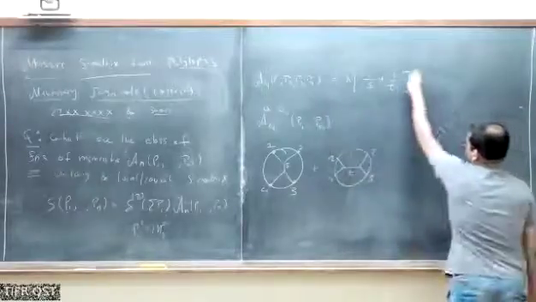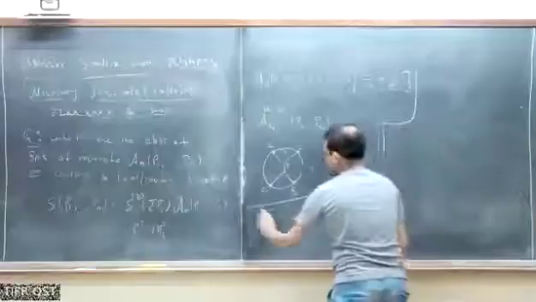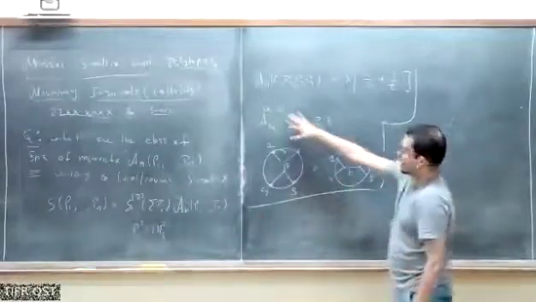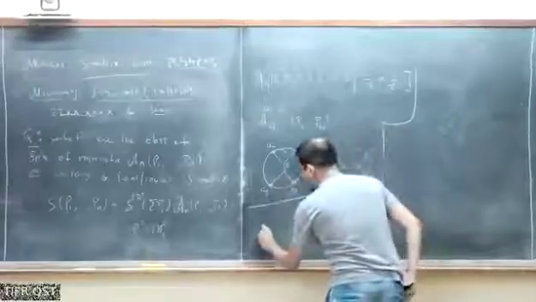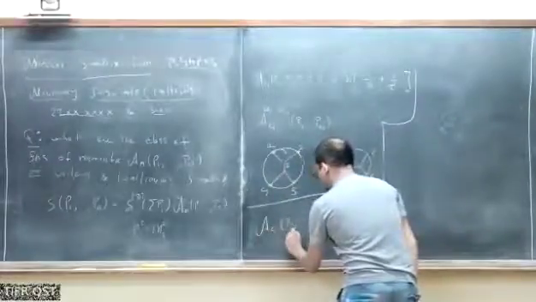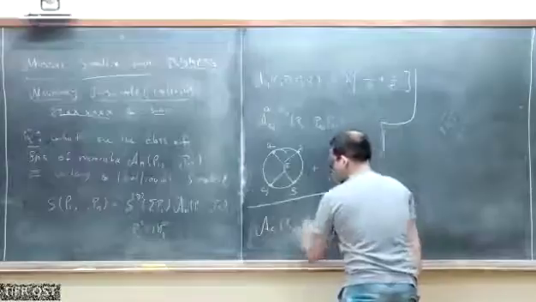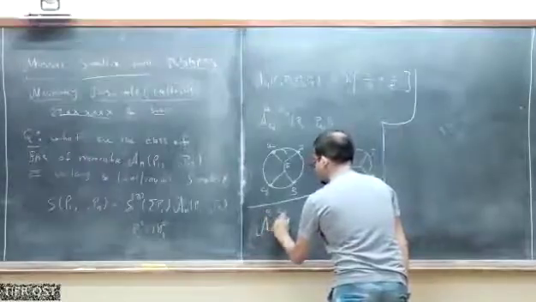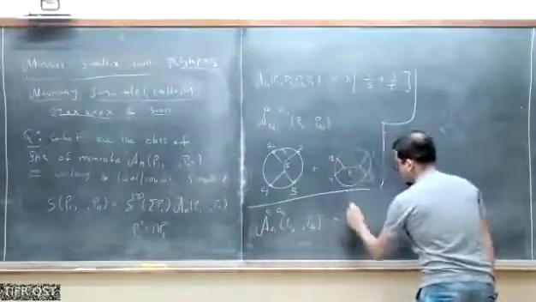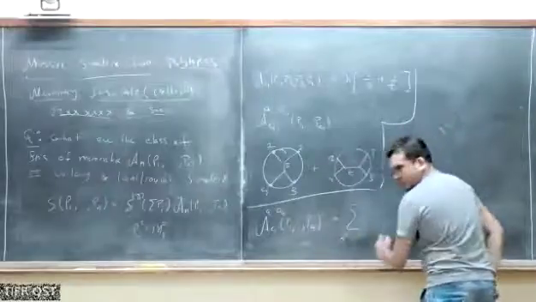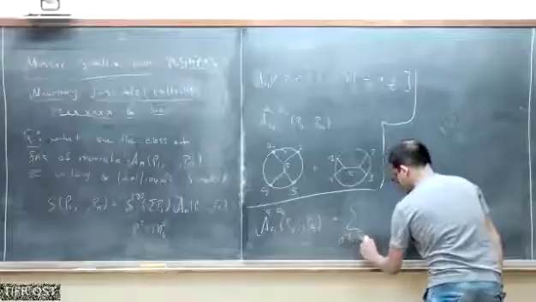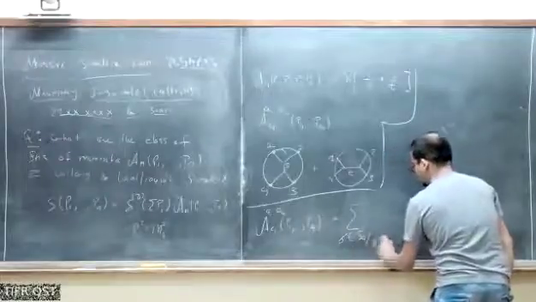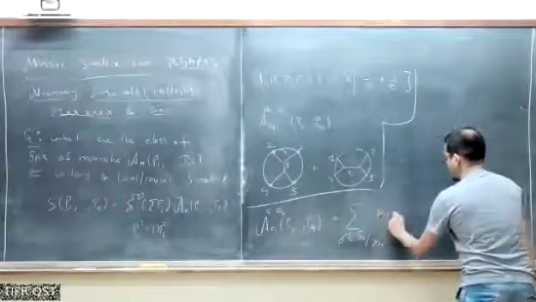Another example: you just have color. If you look at the full amplitude, at tree level of course, for this theory with color, then in general you can write this as a sum over all possible permutations over the 4 labels, removing the cyclic permutations, and then you have the color tensors.